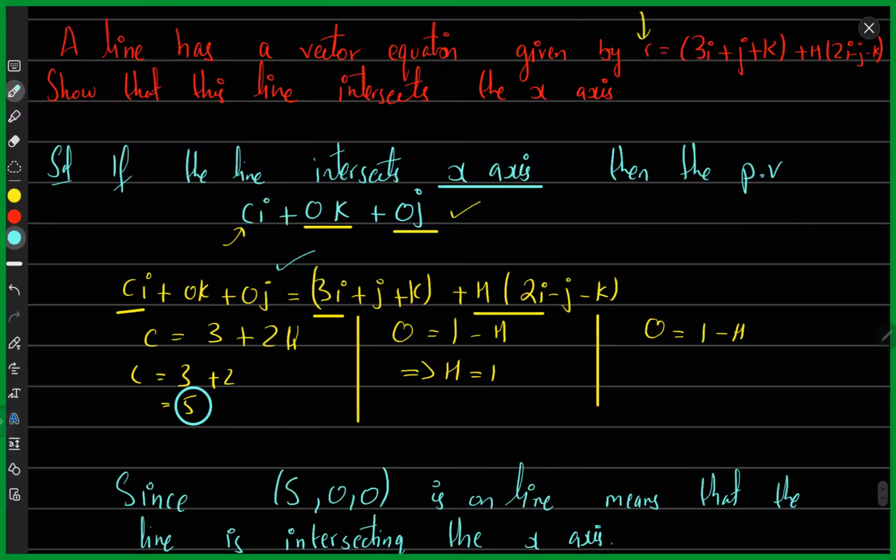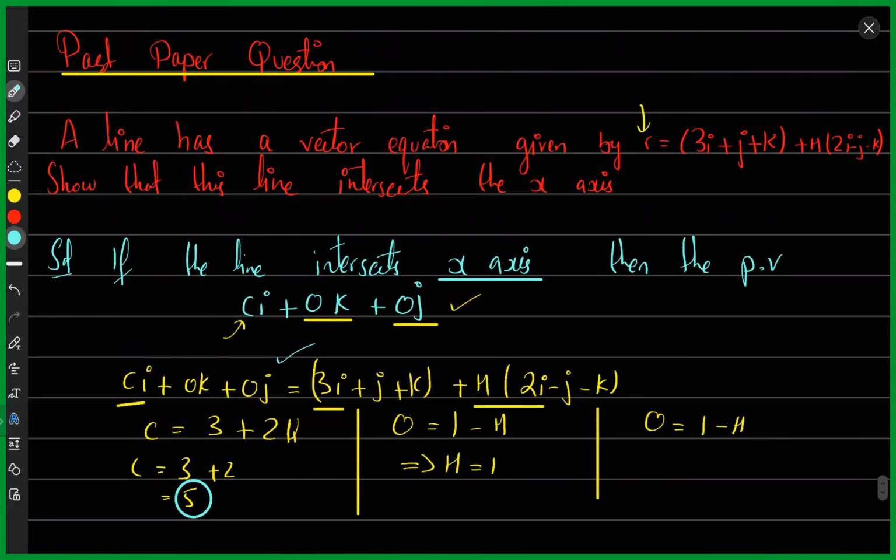So let me quickly go through this example. The question was a line has a vector equation given by r equals something something. Show that this line intersects the x-axis. For that, we had to prove that there's a point on the line and it was something of this type. Now, when the point was something of this type, it clearly meant that we only had this coordinate, and we were able to prove that using this.